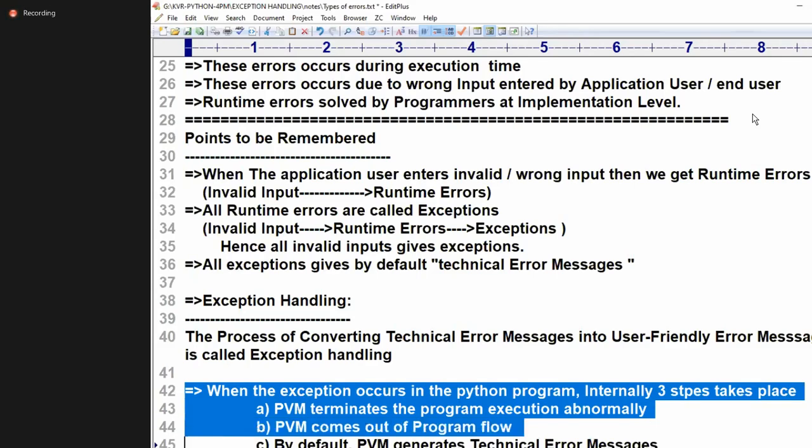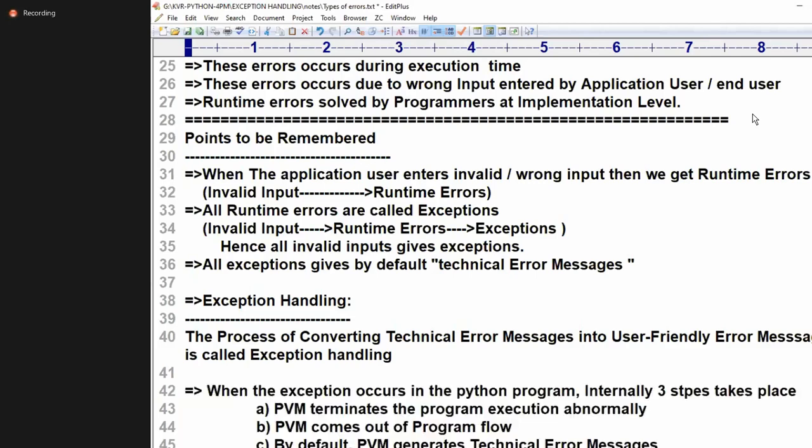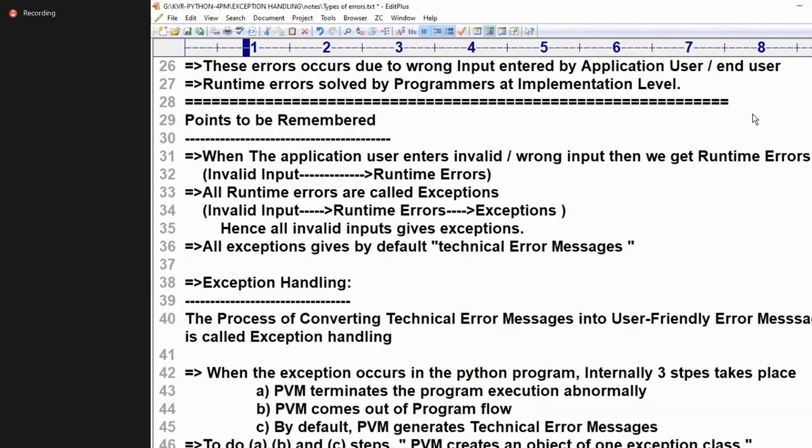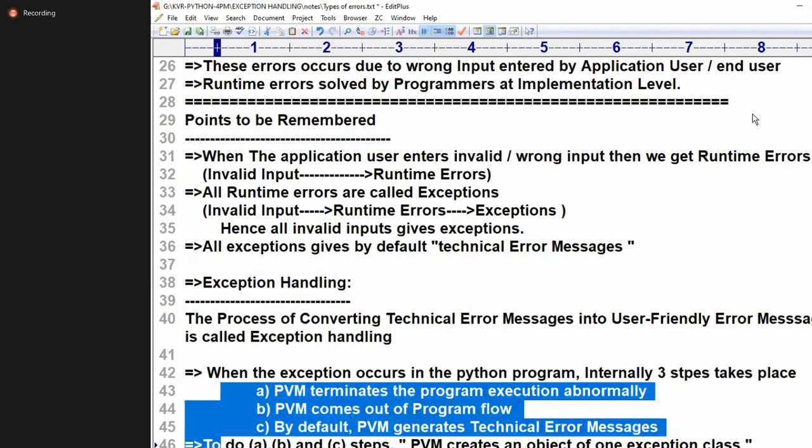That's why every programmer must feel that when an exception occurs in a Python program, the ABC steps must be done. To do these ABC steps, one object of an exception class will be created. That's why exceptions are always treated as what? Tell me.